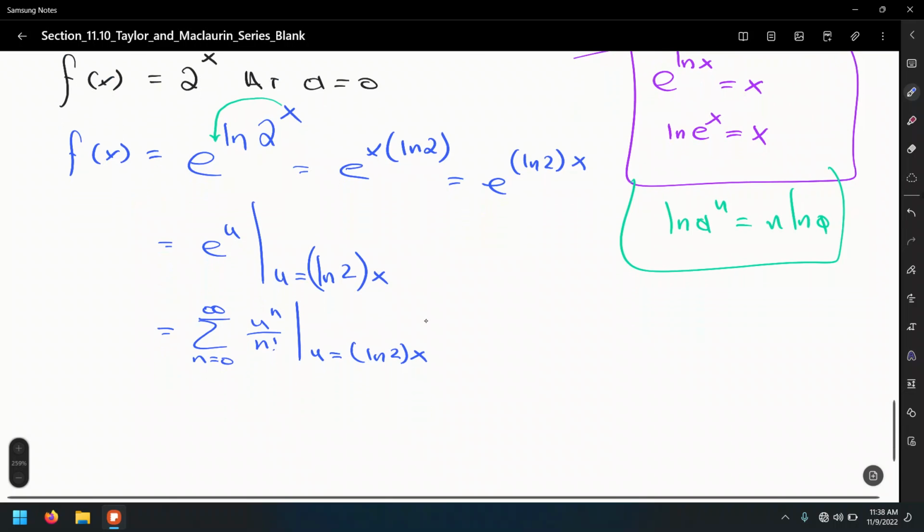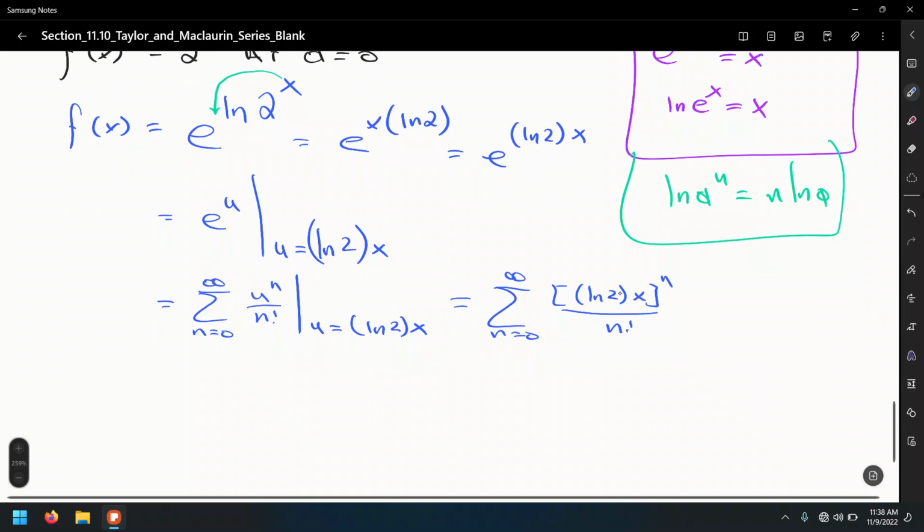And just back substitute for u: the sum from n equals 0 to infinity of ln of 2 times x, all to the n power, over n factorial. Just raise both factors inside of the brackets: the sum from n equals 0 to infinity of ln of 2 to the n, x to the n, over n factorial. And that's the power series representation for an exponential function whose base is not e.